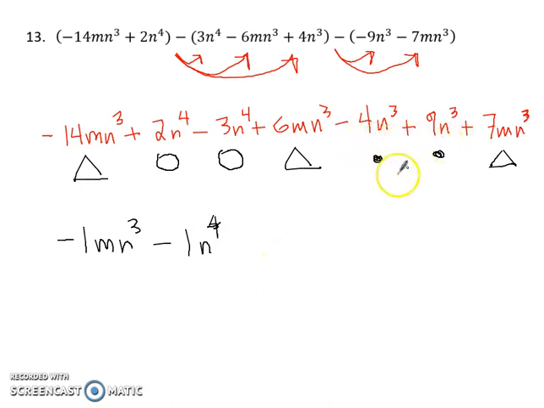Minus 4n to the third plus 9n to the third gives us a plus 5n to the third power.